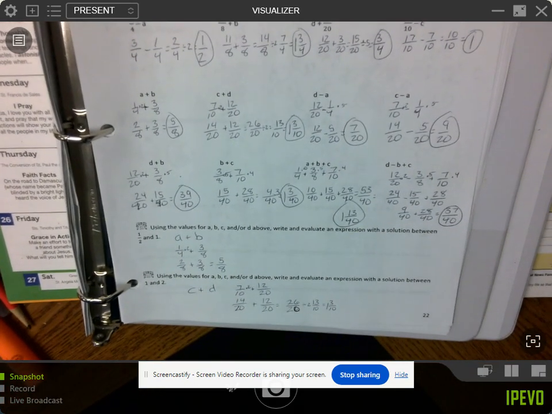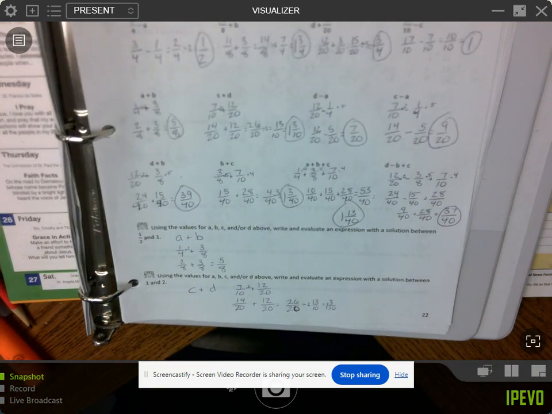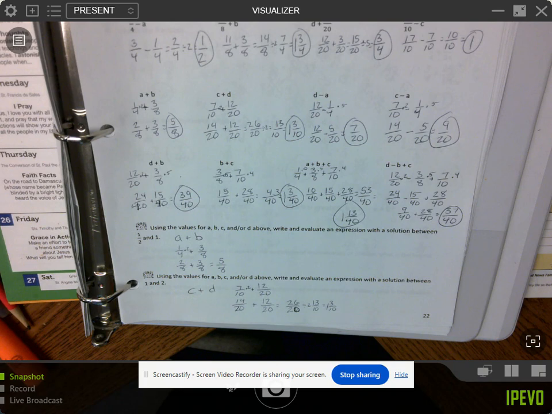I said, oh, I need to use the fraction variables that were up above. And I need to make sure my answer is between 1/2 and 1. So you know what I did? I looked at the work that I did earlier and said, let me find an answer that's between 1/2 and 1. I saw 5/8. Well, that's between 1/2 and 1.